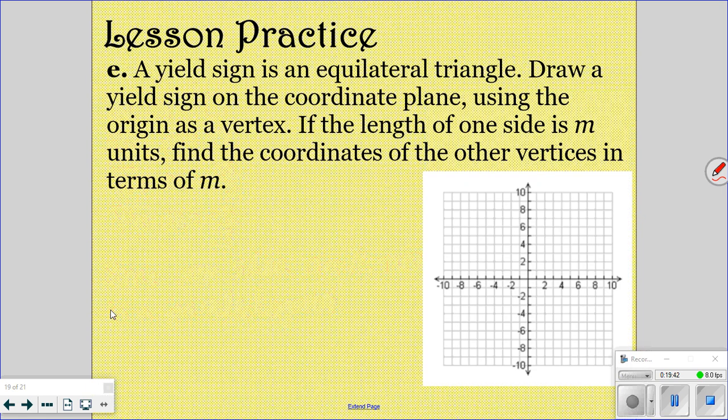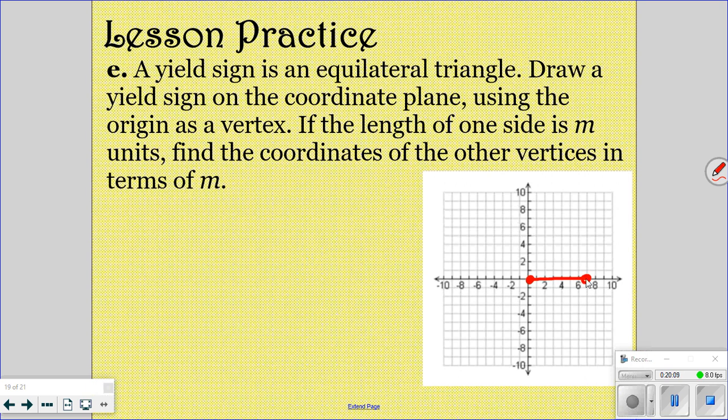Okay, so now let's look at this one. We have a yield sign that's an equilateral triangle. Use the vertex as the origin as one of your vertices, and find the coordinates of the other vertices in terms of m. So one of them would be easier to put here.